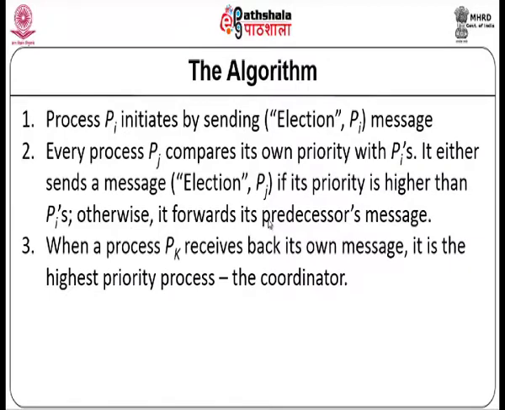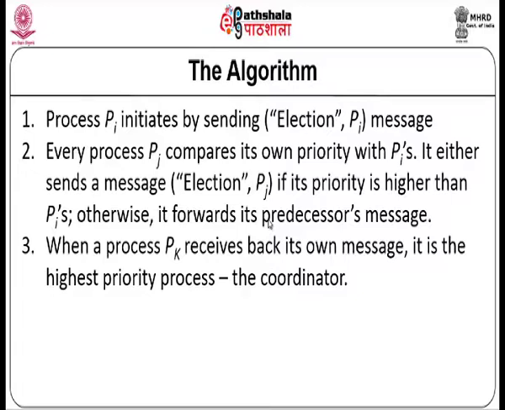The third step of the algorithm says that when a process Pk receives back its own message... I am a process, I received an election comma x message from my earlier node, and having my ID greater, I changed it to election comma my own ID, and communicated it to the next node on my out channel.